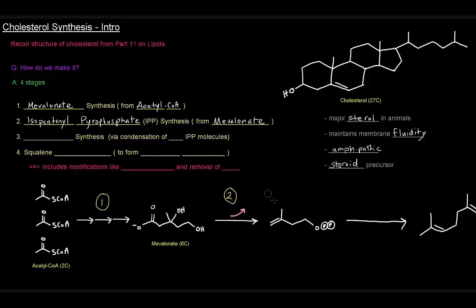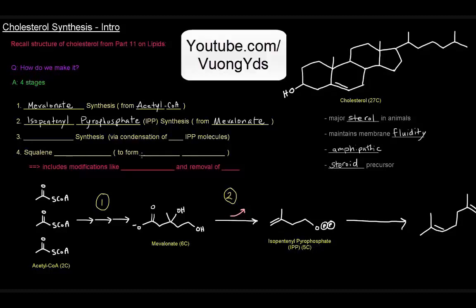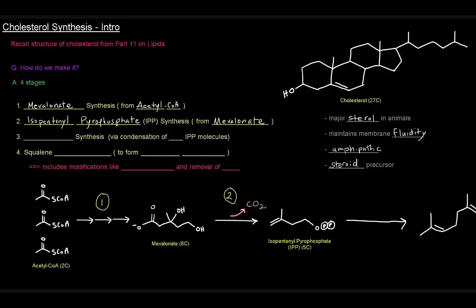So this molecule here is IPP, isopentenyl pyrophosphate, and it's a 5-carbon molecule. Hence the pent there, referring to the 5 carbons. So mevalonate being 6 carbons long, isopentenyl pyrophosphate being 5 carbons long, we lose a carbon there as a carbon dioxide. Okay, we'll see more about that later. So that's stage 2.